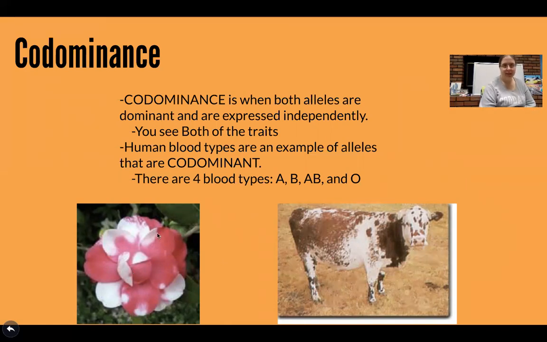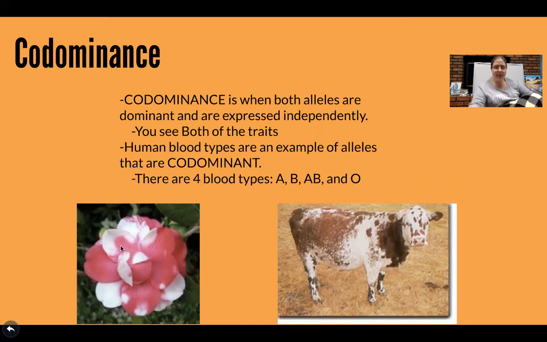we have here this flower. We mentioned previously that some species of flowers have incomplete dominance as their mode of inheritance for petal color. However, there are also others that show codominance, and that's what we see here. So a homozygous red flower crossed with a homozygous white flower, and what you get in the offspring is going to be heterozygous with one red allele and one white allele.